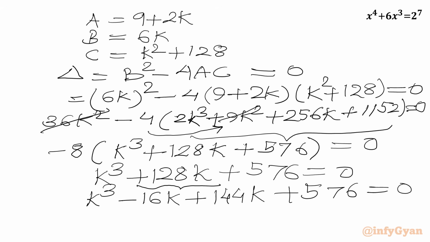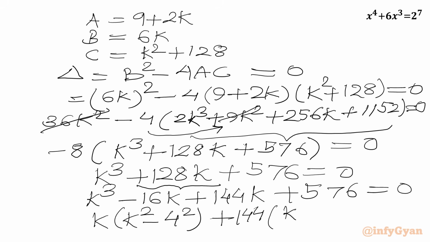From first two terms I can take k common. So in the bracket we can write k square minus 16, and 16 can be written as 4 square. Then we have 144 common. In bracket we will write k plus 4 equal to 0.